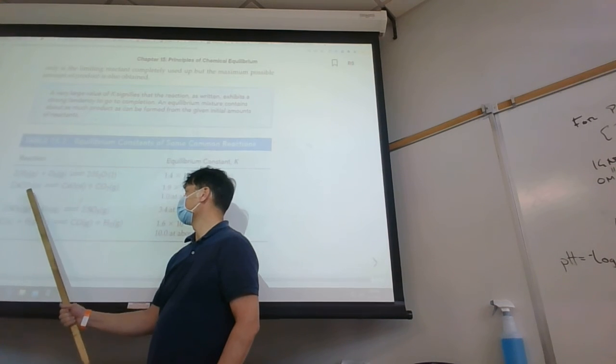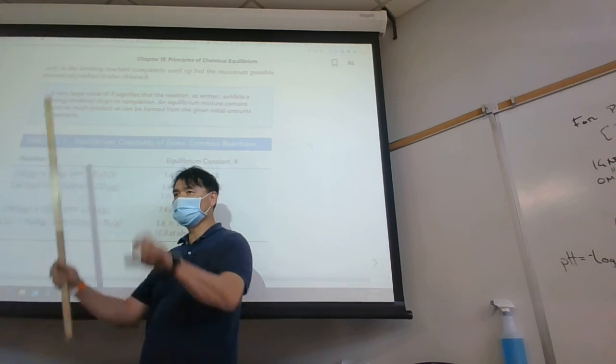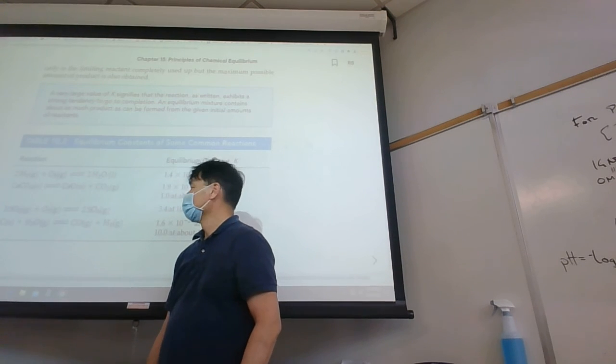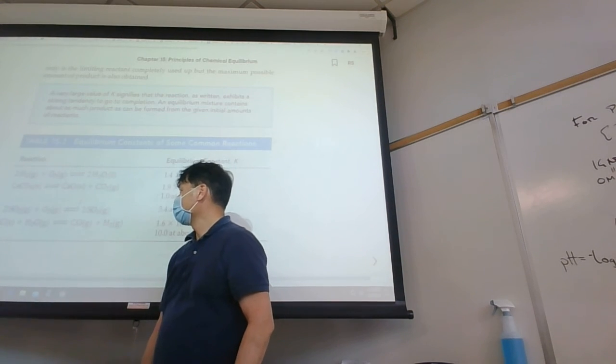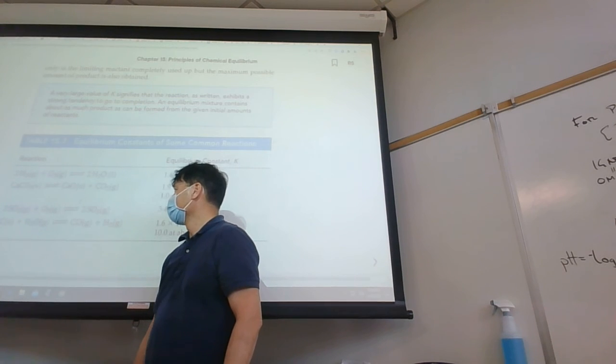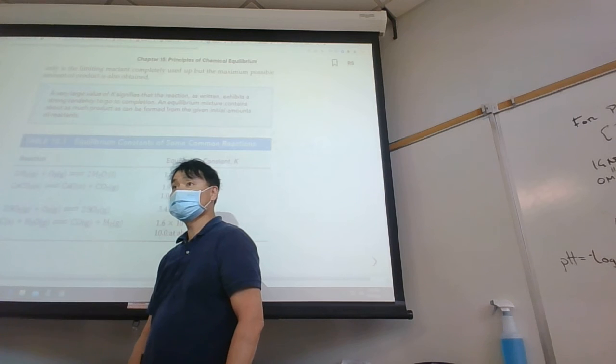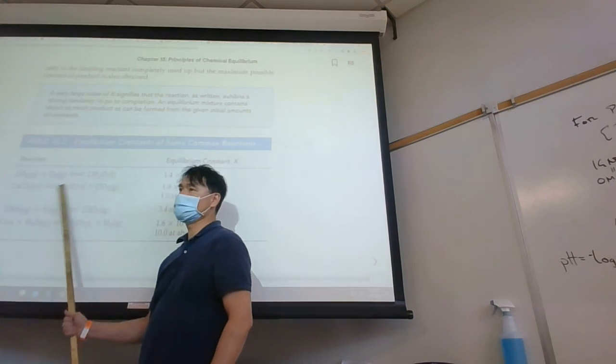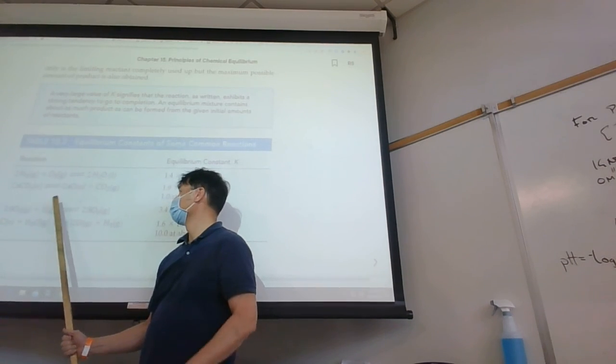It's not Bronsted acid base. Is this metathesis with favorable ion combinations? No, there are ions, but you don't see that. So it's not Bronsted, it's not redox, it's not metathesis, then it must be Lewis. In fact, this is a Lewis acid base reaction here.